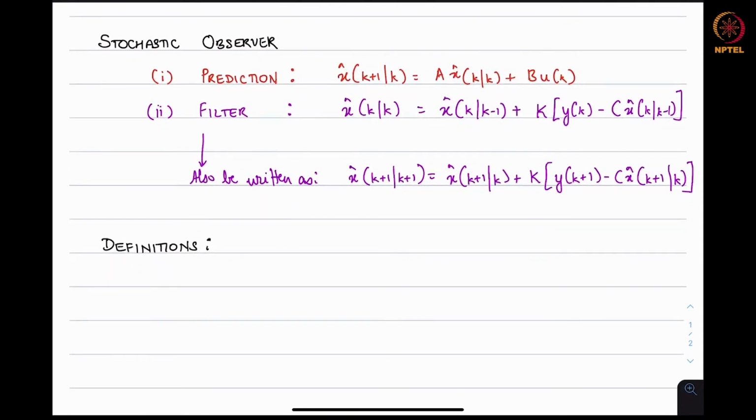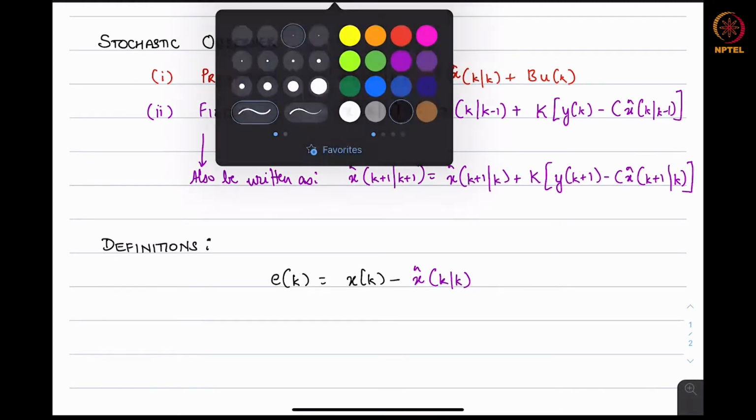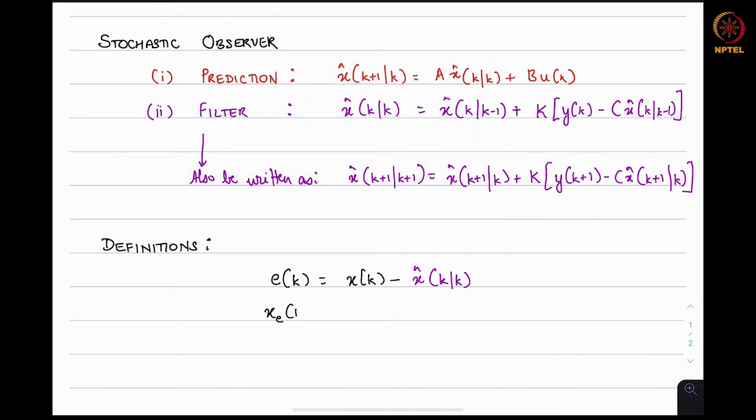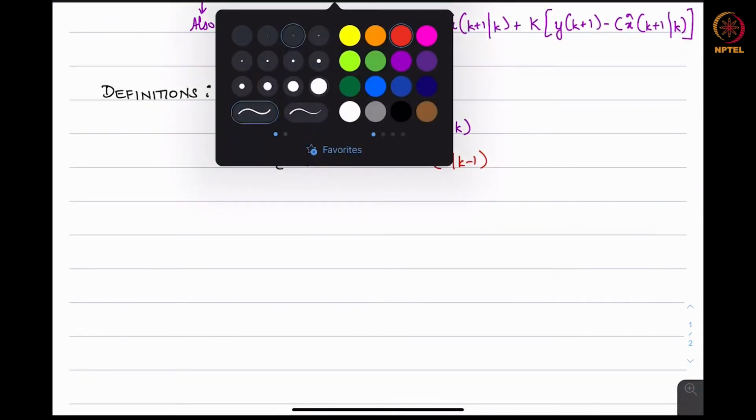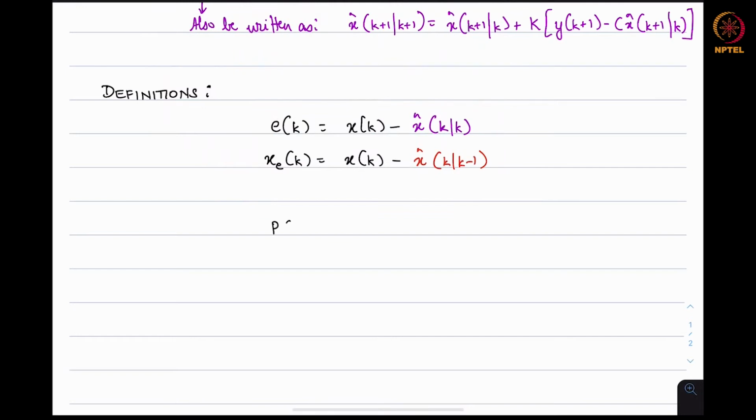Okay, and the first definition was our error or filter error, defined as e k equal to x k minus x hat k at k, and we had the one-step prediction error, that is xe k, which was nothing but x k minus x hat k at k minus 1. Okay, so these were the definitions of e k and xe k. We had also defined the covariance.